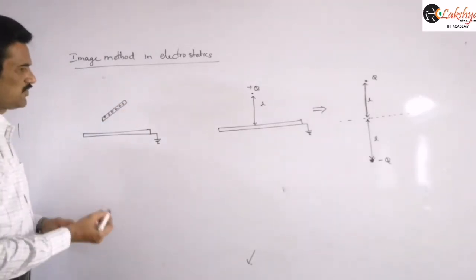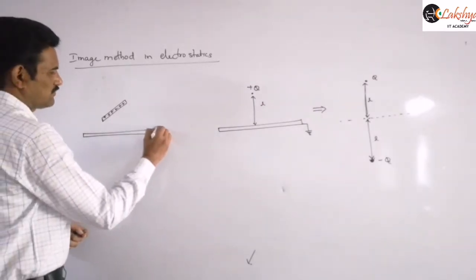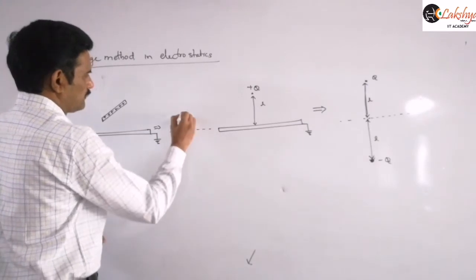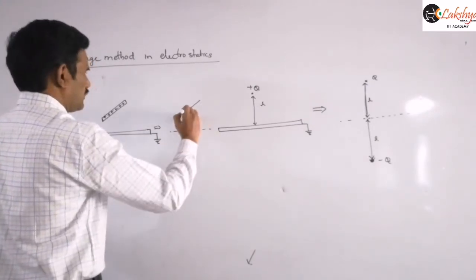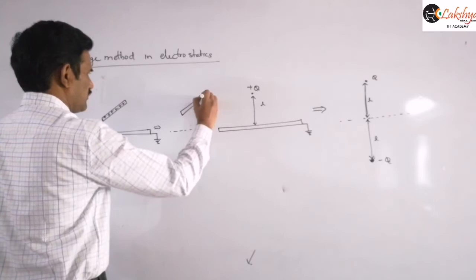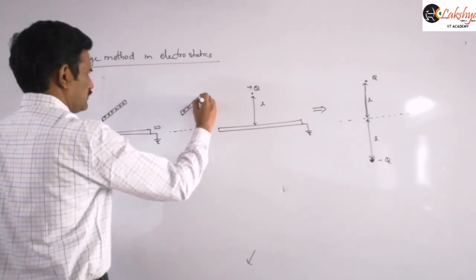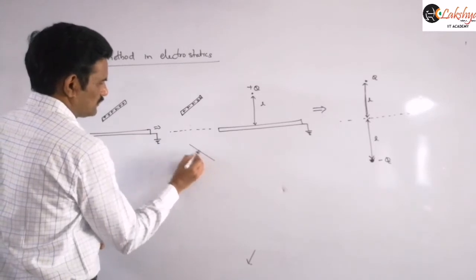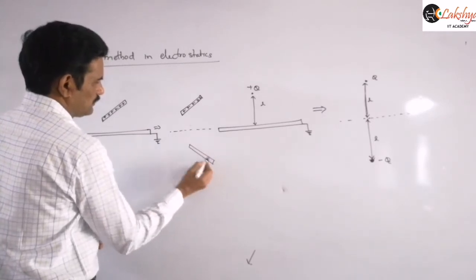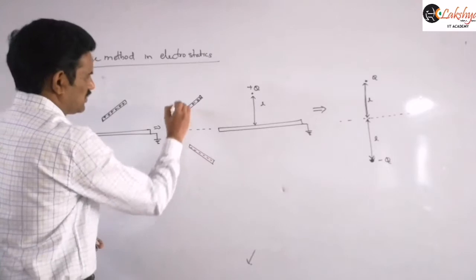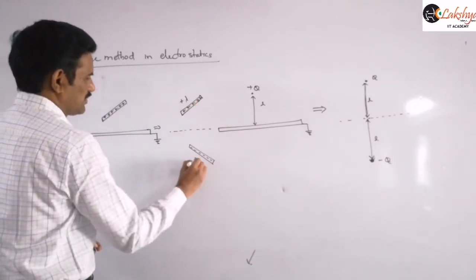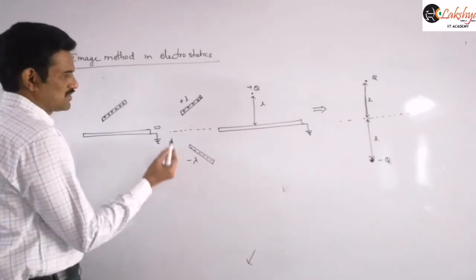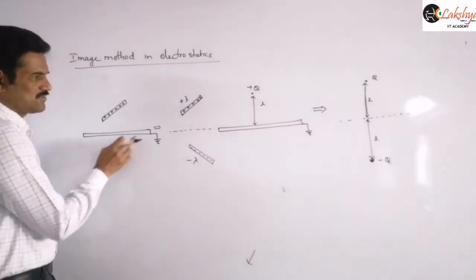Now when you are converting this into its image, so this is the given positive charged rod and its image we need to represent like this, with the opposite charge density. Suppose it is having plus lambda, then this will be having minus lambda, right? And so now this given system can be converted like this.